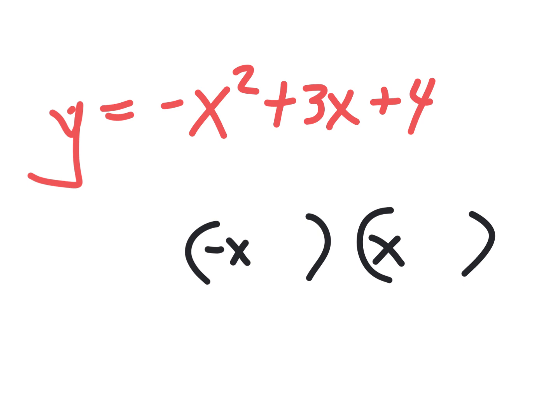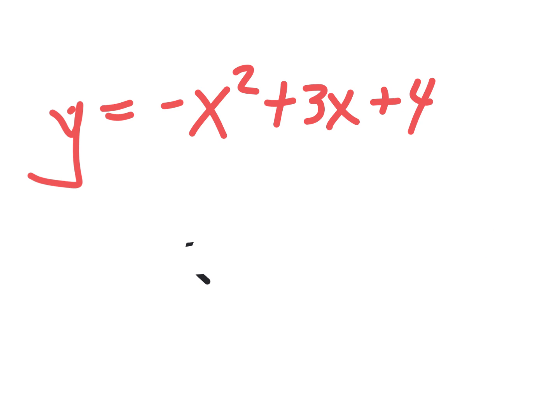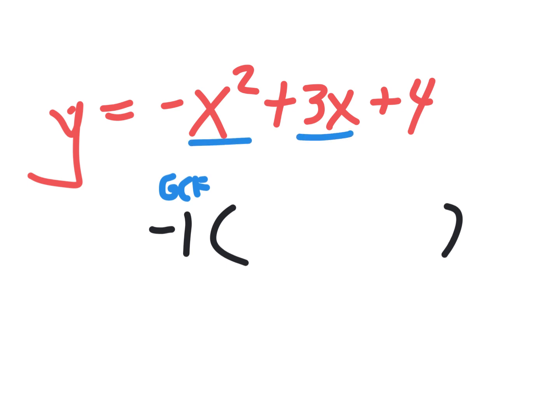Don't try it that way. You got to think of this as a GCF problem. Something can factor out. Negative 1 can factor out. If you never caught that, this is your GCF. You got to get that negative factored out. So they all get divided by the negative 1.